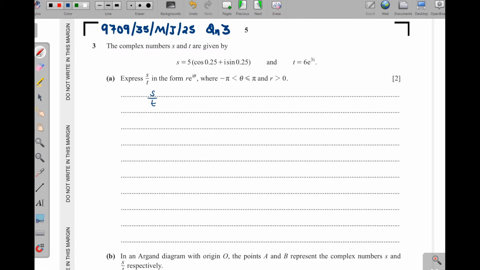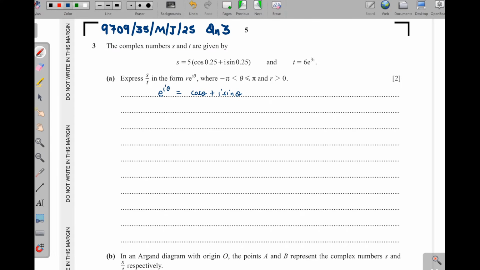I can convert. This one is in the polar form, this one is in the exponential form. I need to put them in one form, then I can solve them. But since they said we express it in the exponential form, I have to turn this one there. Now we know that e to the power of i theta is equal to cosine of theta plus i sine of theta.